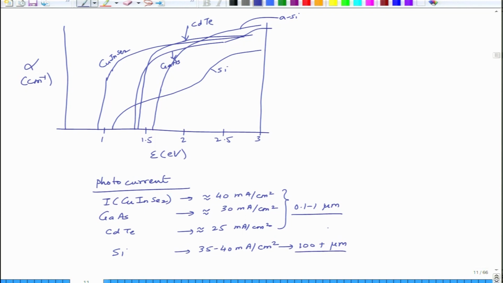So, you can see that the amount of material used is 100 times higher, okay, and this is a major deterrent. And this is a major motivation also to make a thin film silicon solar cell.